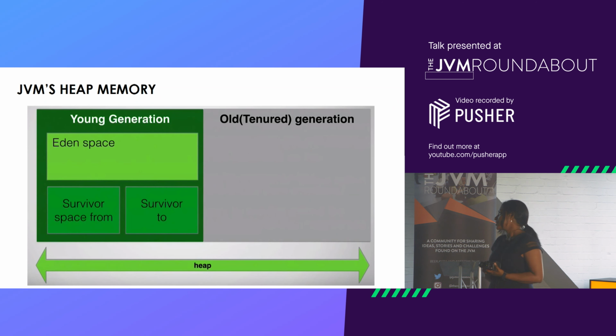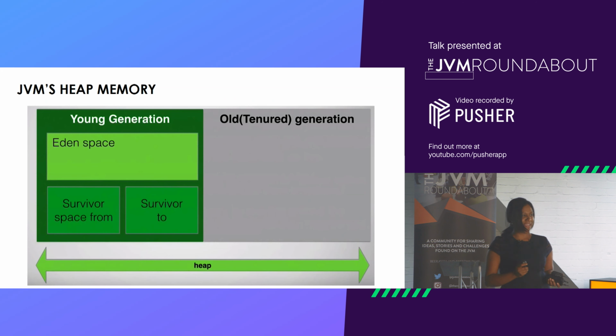Eden. The name comes from the theory of Genesis in the Bible, where the Garden of Eden is the place where life was first created. Therefore, when new objects are created in Java, when you use the new operator, when you say new HashMap or new ArrayList, the object is allocated in the Eden space.